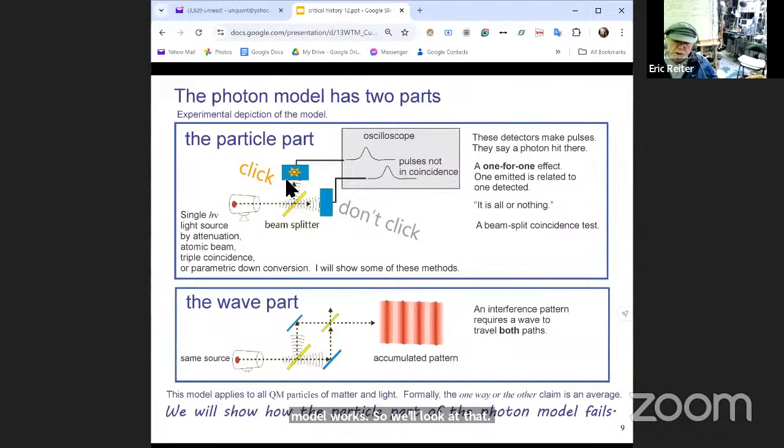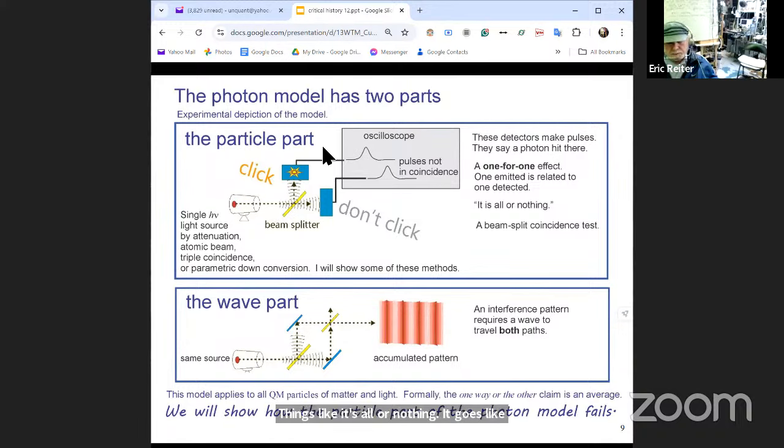Experimentally, it's done like this, where there's a single h nu source, Planck's constant times frequency, and there are all these different ways that people figure, well, how is it that it's a one-at-a-time source? So they see in a coincidence experiment, they look at the pulses from these detectors and they see that they're out of time. And then they say things like it's all or nothing, it goes like a photon.